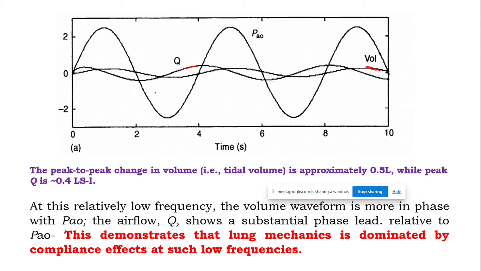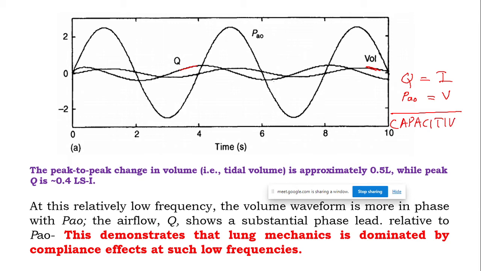You'll be able to appreciate one thing here. Q is like your current and PAO is like your applied voltage. You can see here that the current leads the voltage; your Q leads your PAO. When the current leads the voltage, the effect is called capacitive.